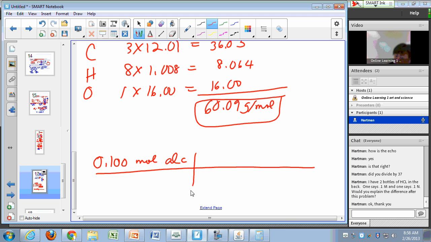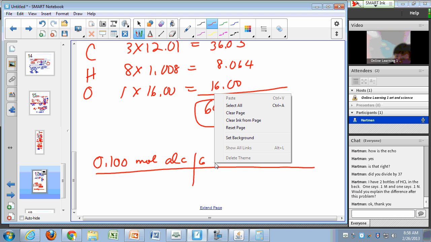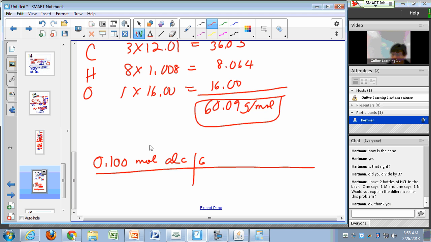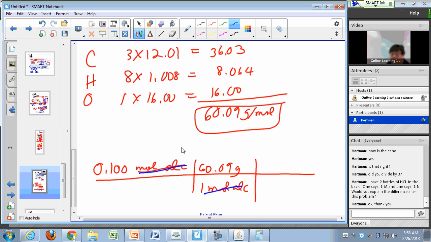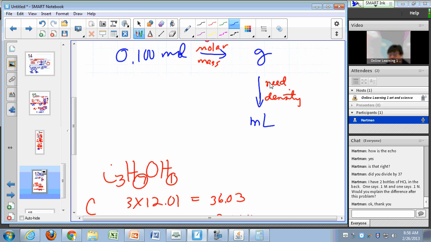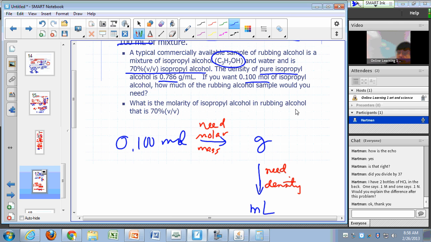Change that to grams, times 60.09 grams per 1 mole of alcohol. So that cancels moles of alcohol. And then I change my grams to mLs. I need the density. What's the density of the isopropyl alcohol? It's 0.786 grams per mL if it was pure.